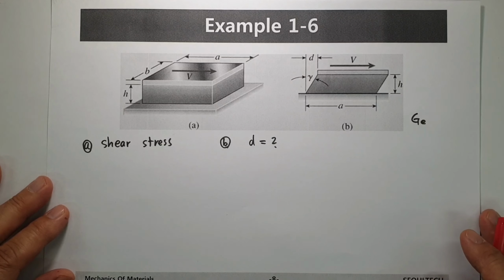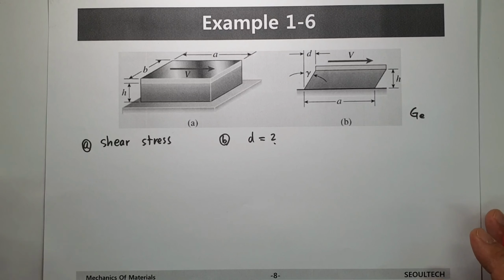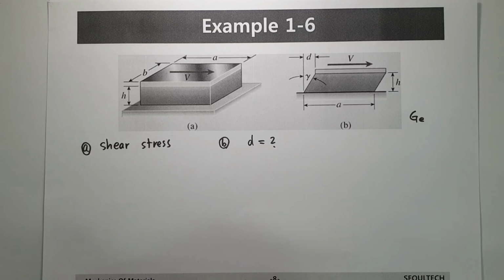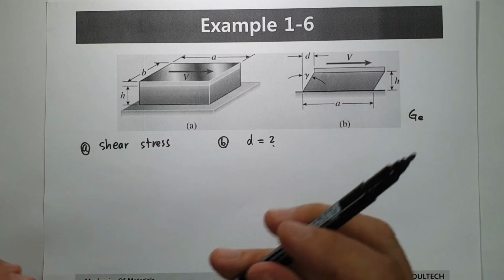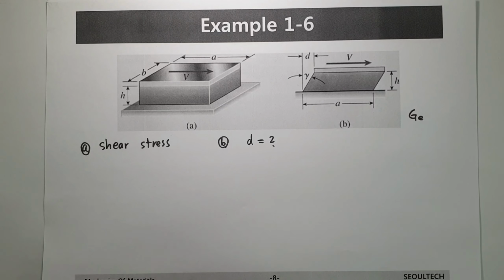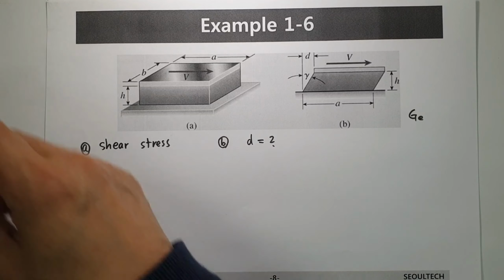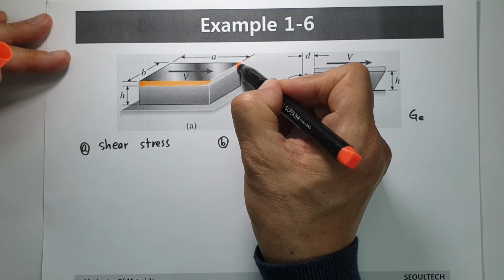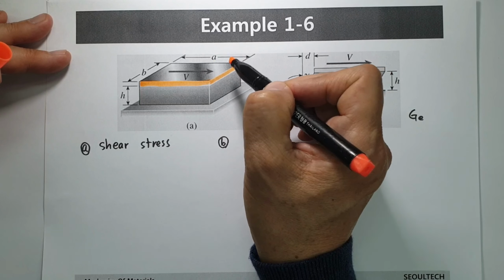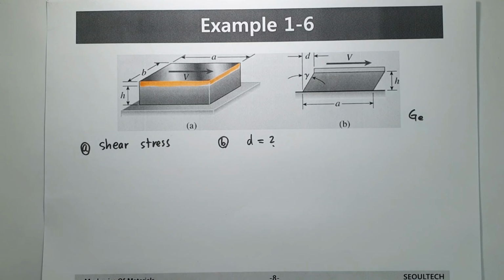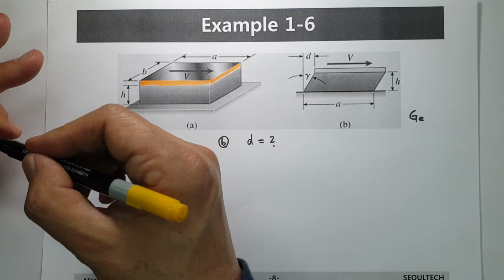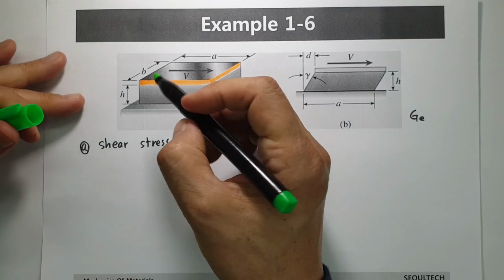In this example, we would like to calculate shear stress and the horizontal movement d. Here we have some plate, almost a rigid body, some steel plate, and under this plate we have some elastomer or some rubber.